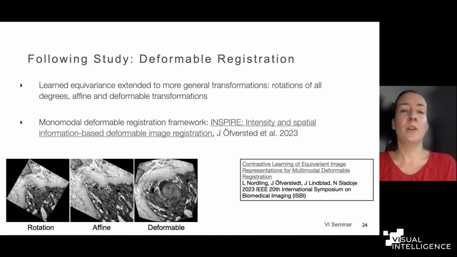So one of the following up studies that we have done with this approach was to see if we can also use this for deformable registration, because in the initial study we have only considered rigid registration. So that is one study also done in the group that I was in, where they extended this learned equivariance to more general transformations.